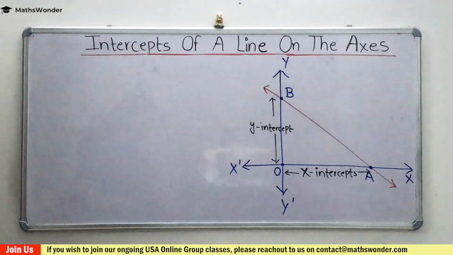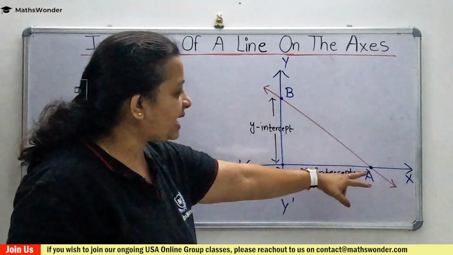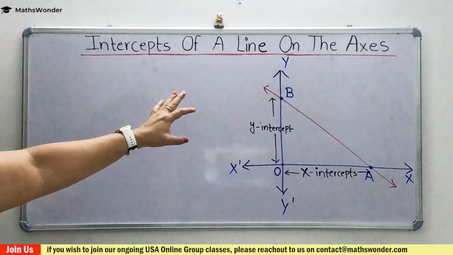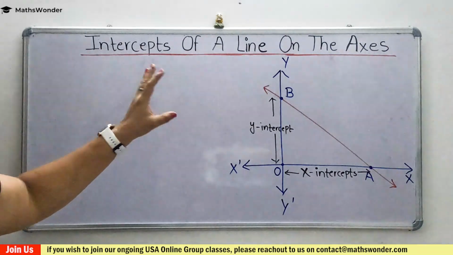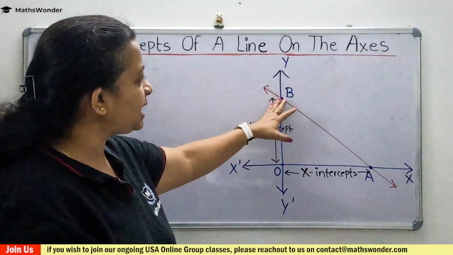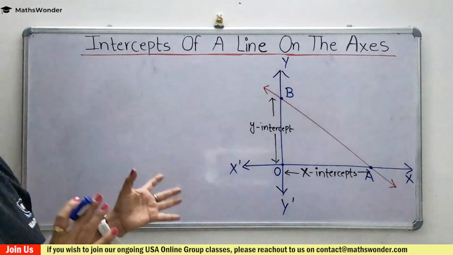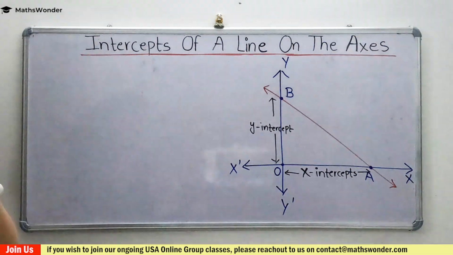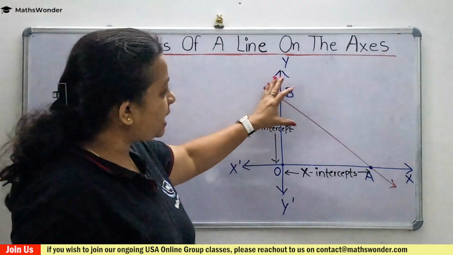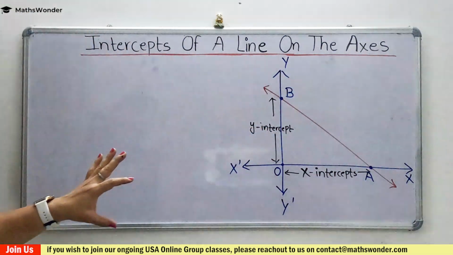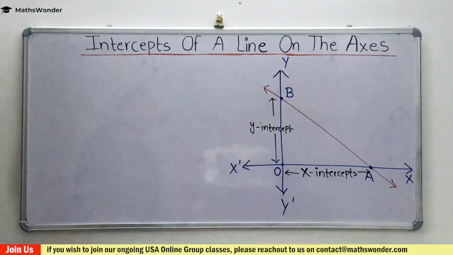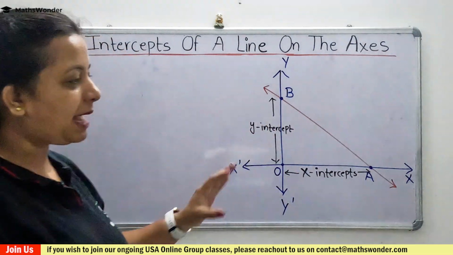Understood the parts of this? If a straight line cuts the x-axis at A and the y-axis at B, then OA and OB are known as the intercepts of the line on x-axis and y-axis respectively.